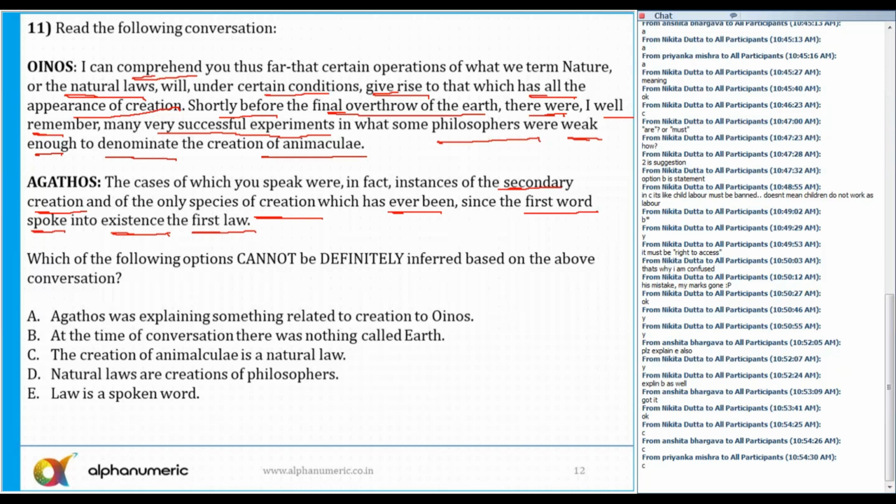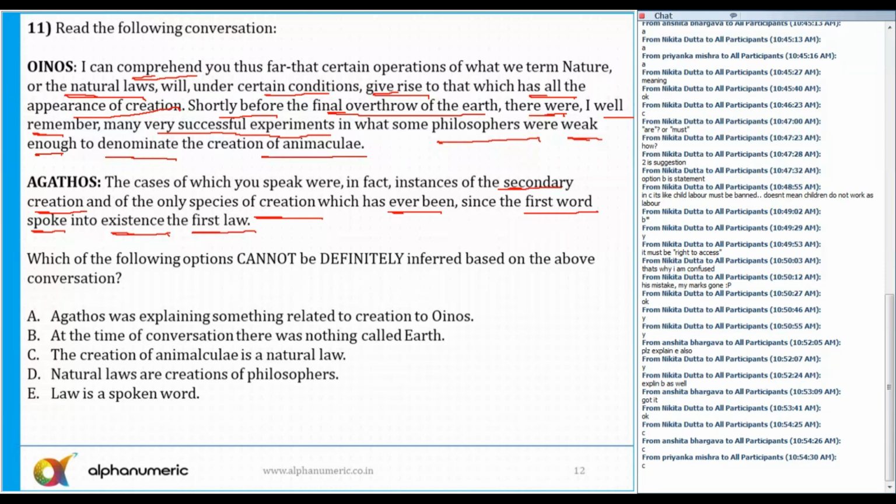Oinos is just talking about life on earth, not the creation of the earth. And the first laws have all been spoken. They were spoken laws. This is what he's trying to say.